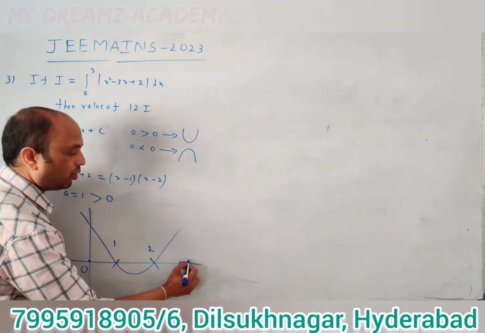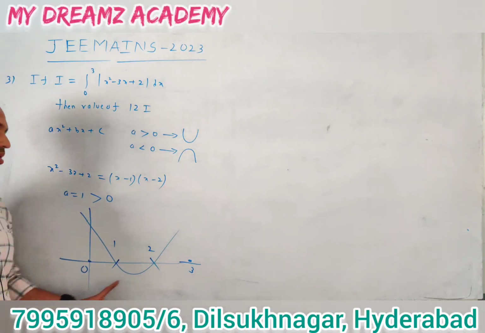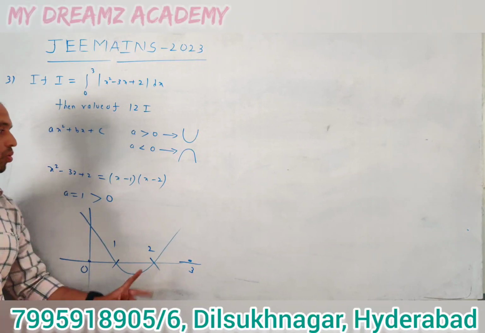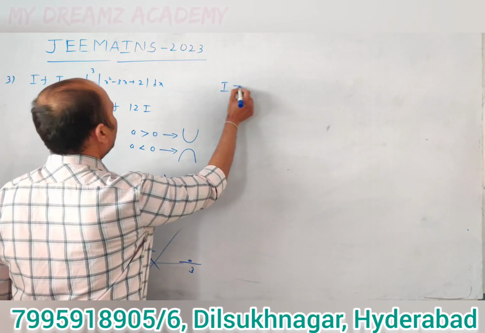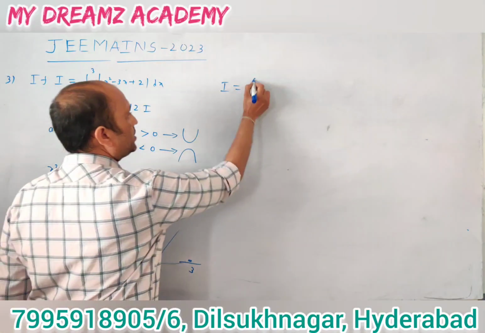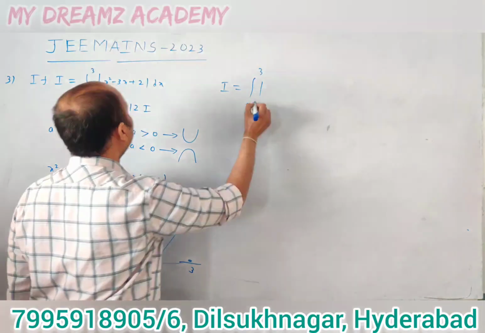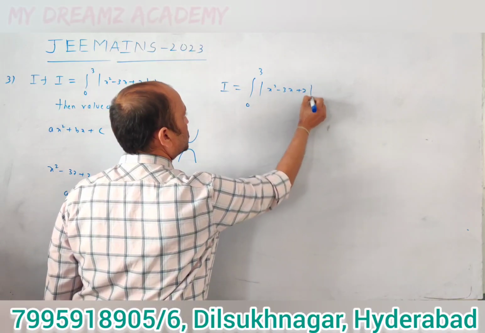Now we want to find the definite integration between 0 to 3. So I is equal to integration between 0 to 3 of mod of x square minus 3x plus 2 dx.